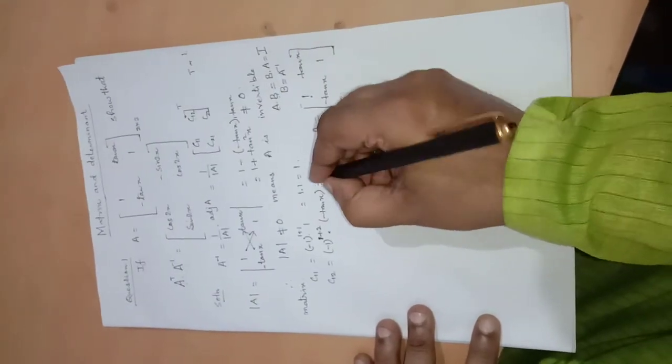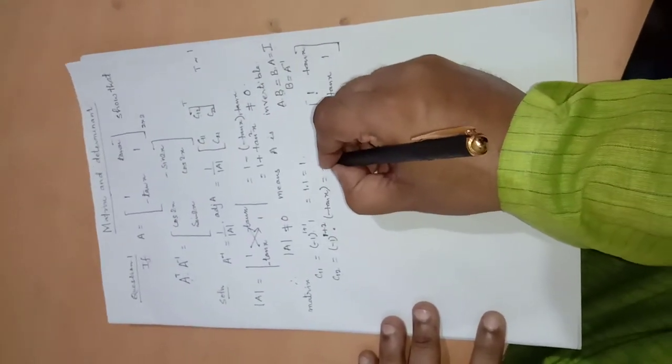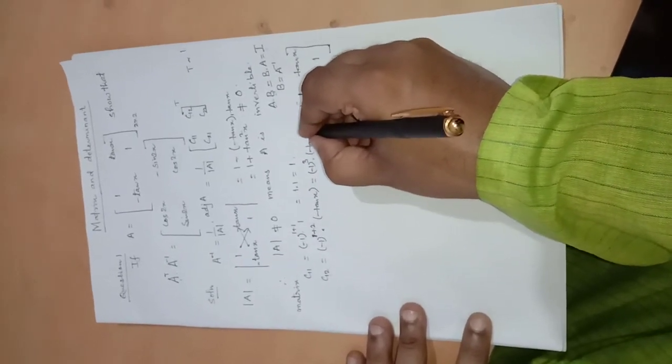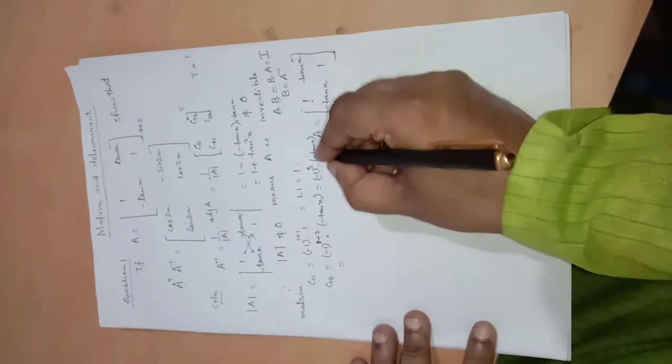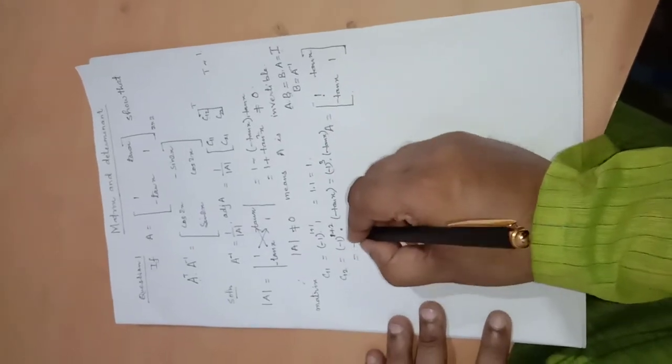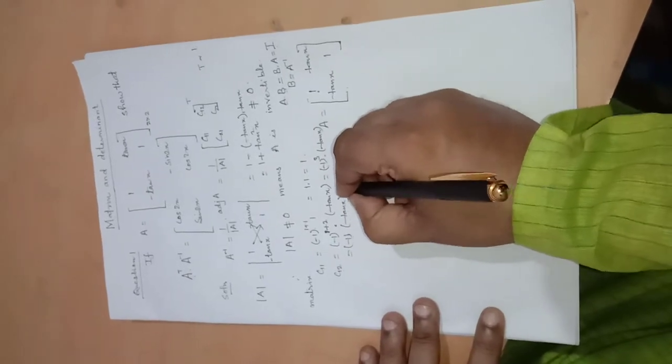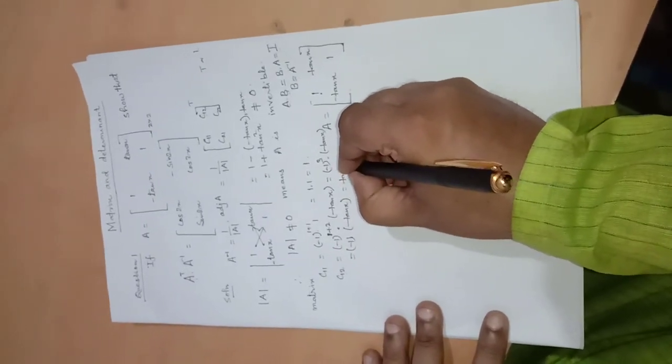So it is minus 1 to the power 3 into minus tan x, which is minus 1 into minus tan x, so it is equal to tan x.